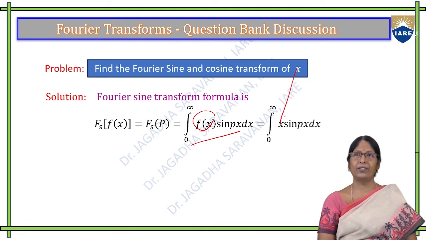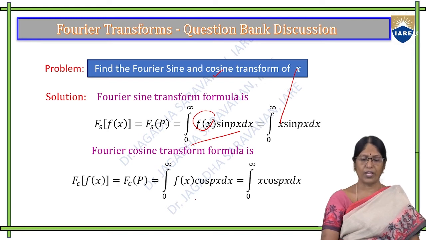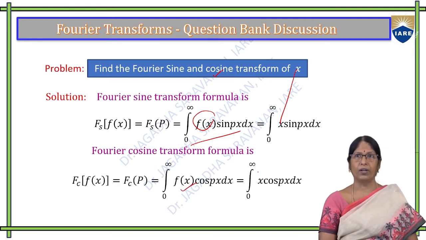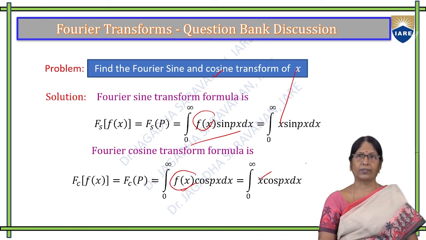Yes, we replaced it, and we have to do the basic integration technique. Here the question of Fourier cosine is also given. So the Fourier cosine formula, we have recalled it, with f of x replaced by x.